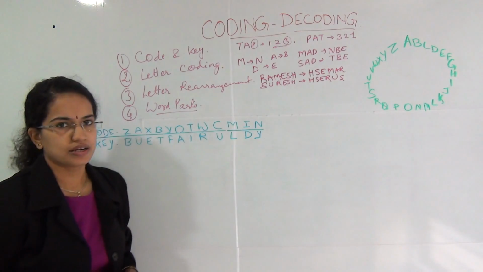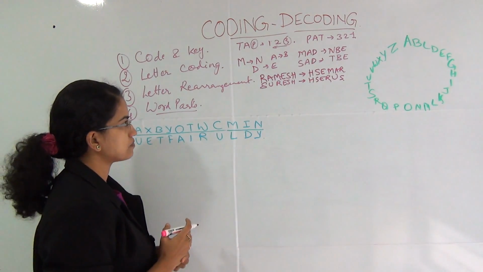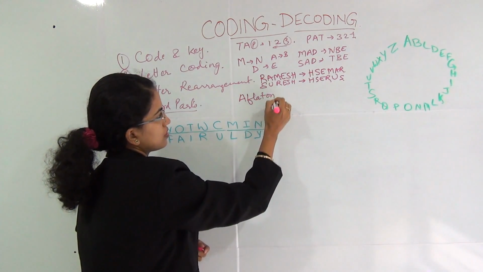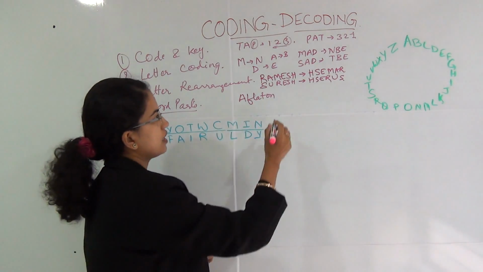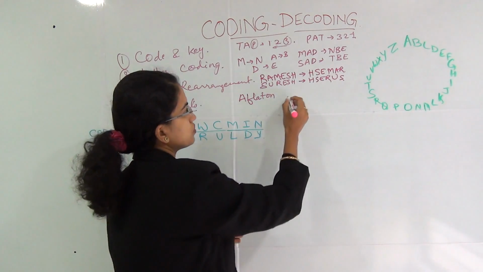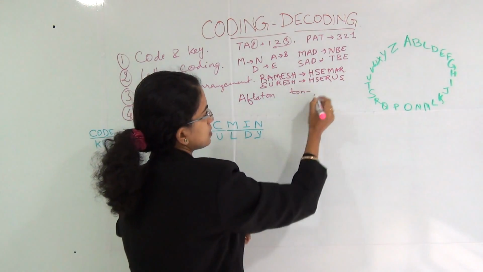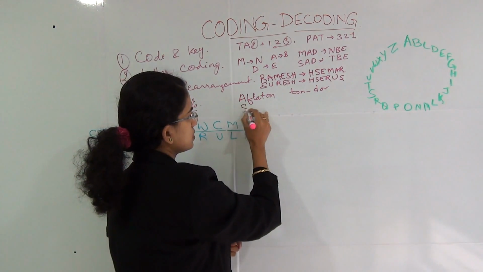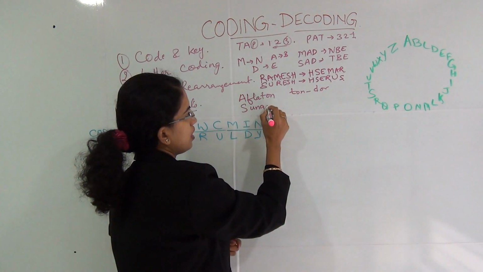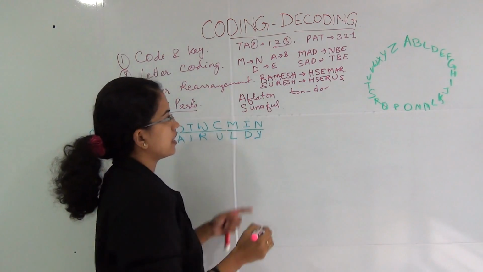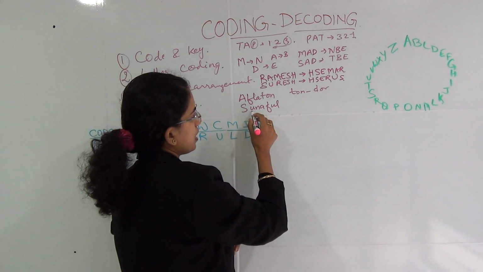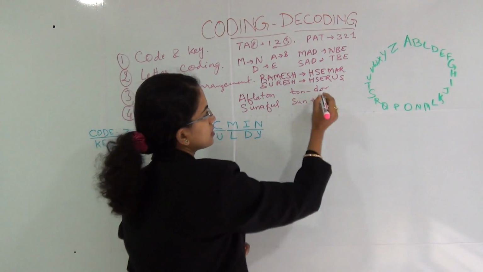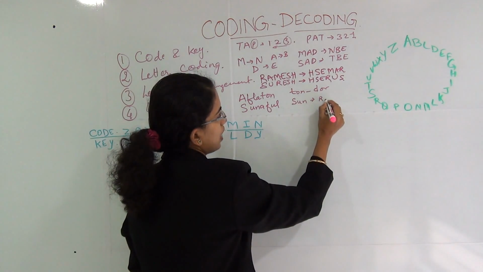And what is word part? Word part basically means, if I have this word Aflatun, I say Tun becomes DOR, and I have another word Sunapul, in this SUN becomes RAT.